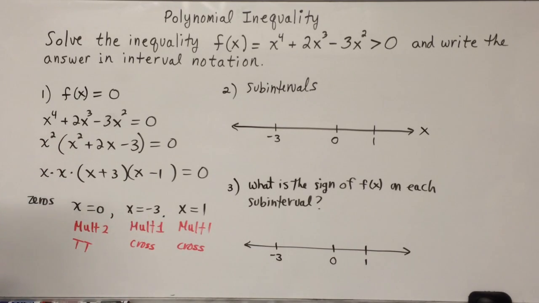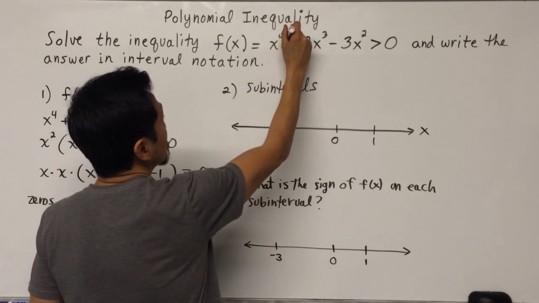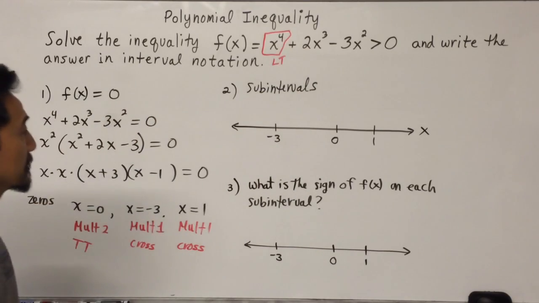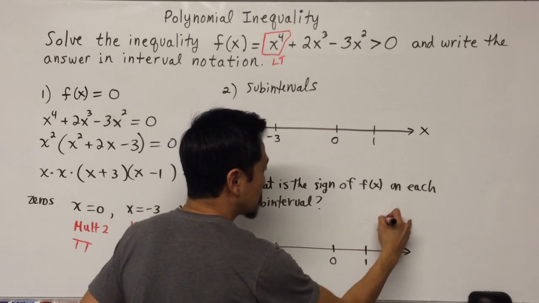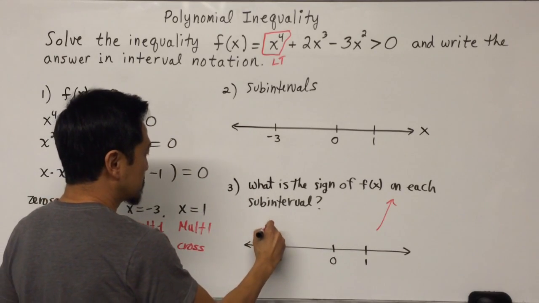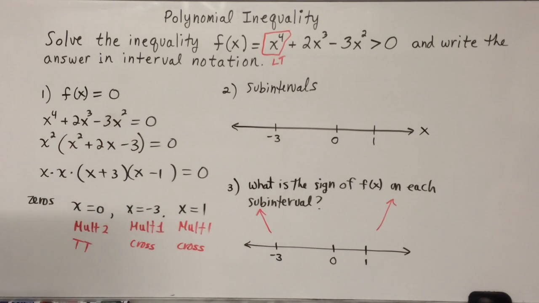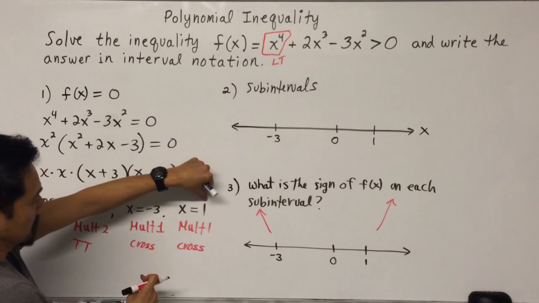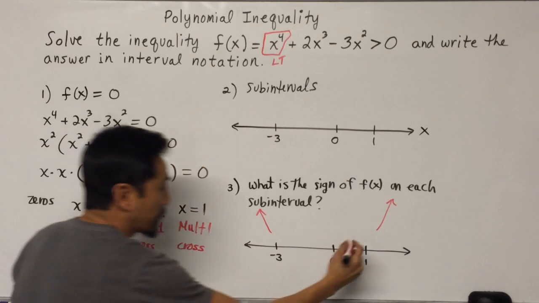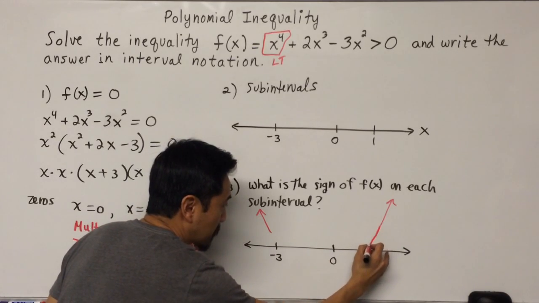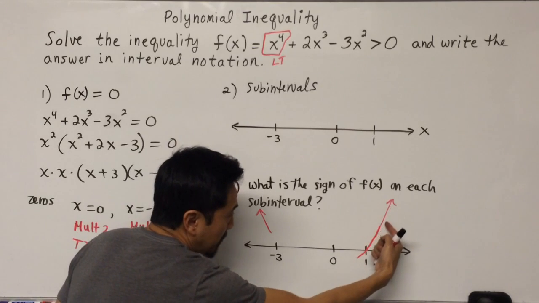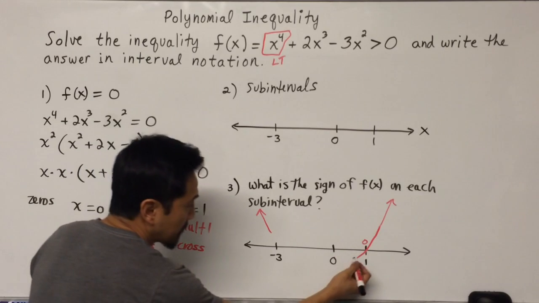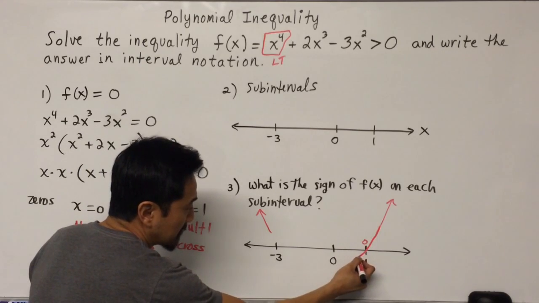Now, we can also use the end behavior. Remember, x to the 4th is the leading term. And so we know that we're going to be rising on the right, and rising on the left. At that zero, we have a multiplicity of 1, and therefore at the x-intercept, we're going to be crossing through. So the function goes from positive, then it hits 0, because that's what the x-intercept tells me. And then it's going to change signs and become negative.